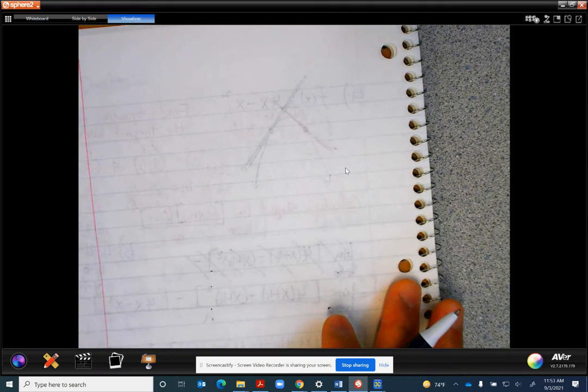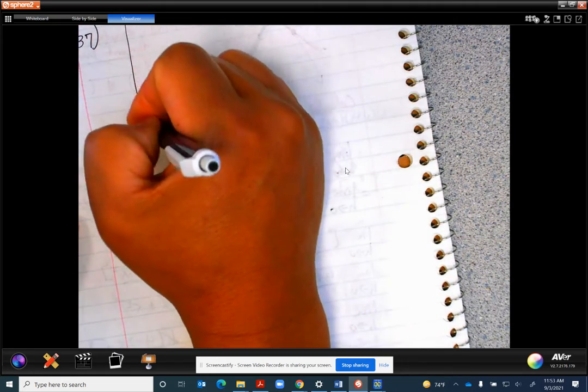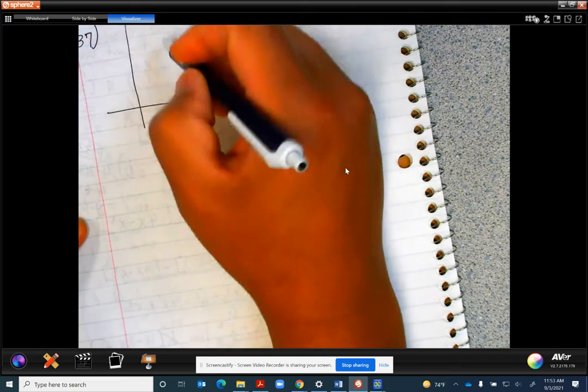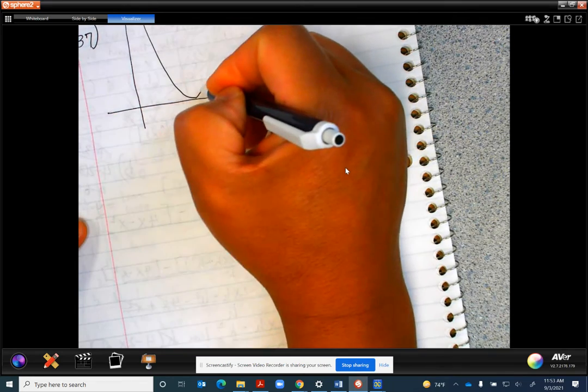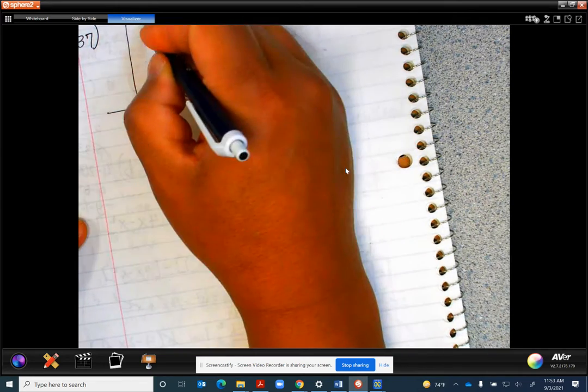Number 37. Let's find number 37. All right, number 37. This one, it doesn't have to be perfect. All right, you do need to look at your graph from your book.